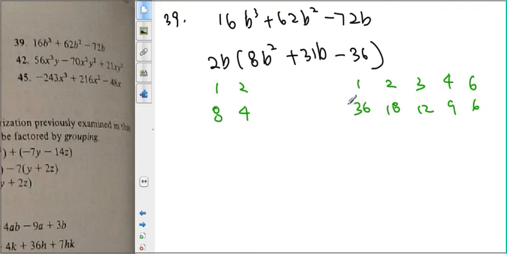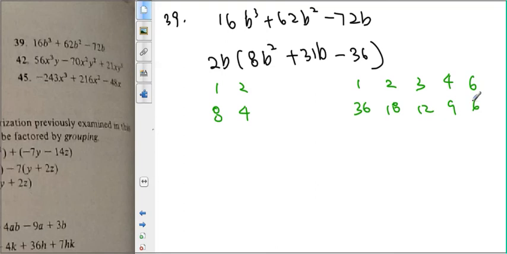Now, how about the second one? 1 and 8, can it be combined with 2 and 18? Not quite. Now, the third one doesn't work. The fourth one doesn't seem to work either.